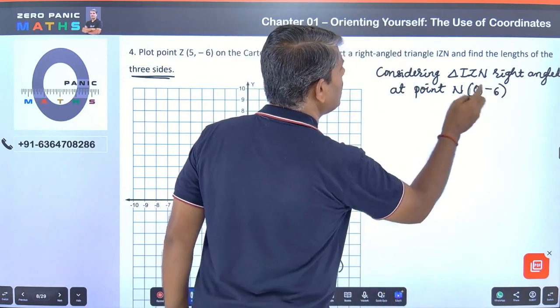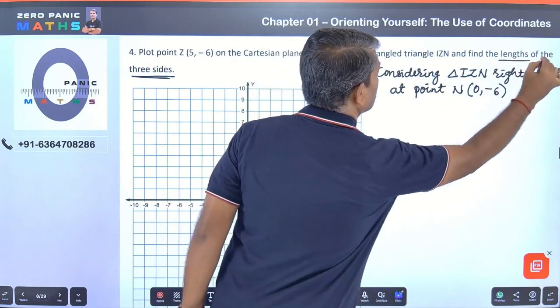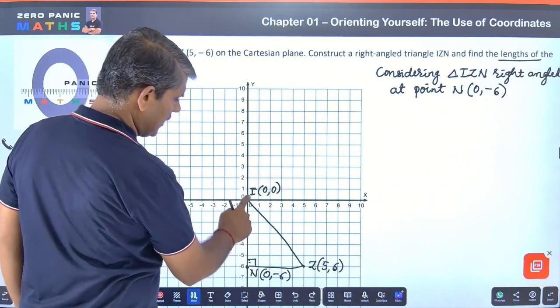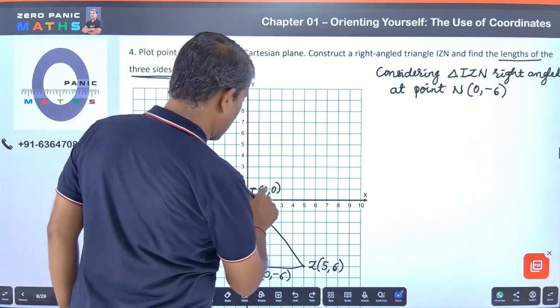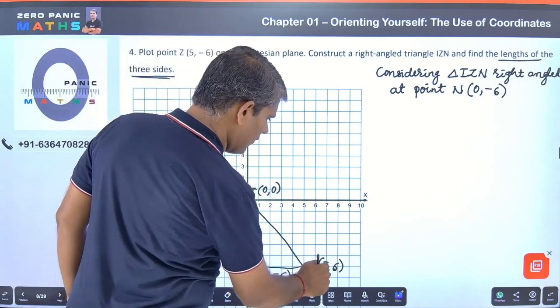Now find out the lengths of all three sides of this given triangle IZN, with I (0, 0) and Z (5, 6).